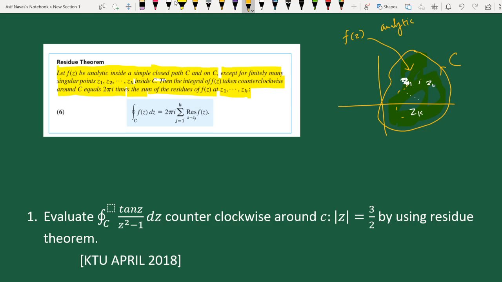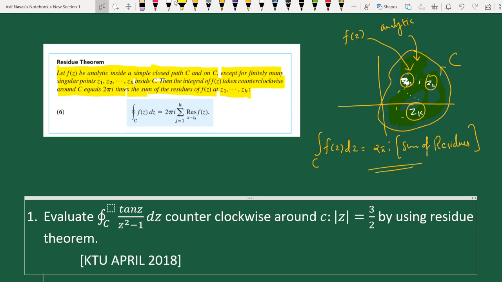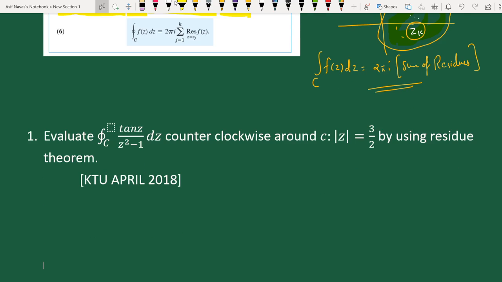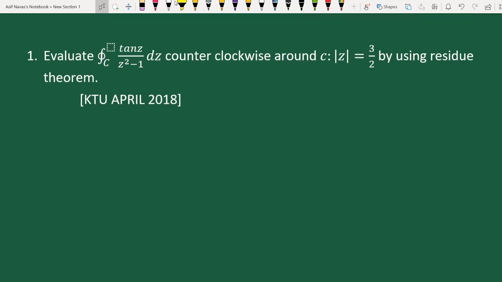So if f of z is analytic inside and on C except finitely many singular points, then the integral over C of f of z dz is equal to 2 pi i times the sum of residues. So this is the residue theorem. This is very simple compared to other methods. The thing is, you have to know how to find the residue of a function.